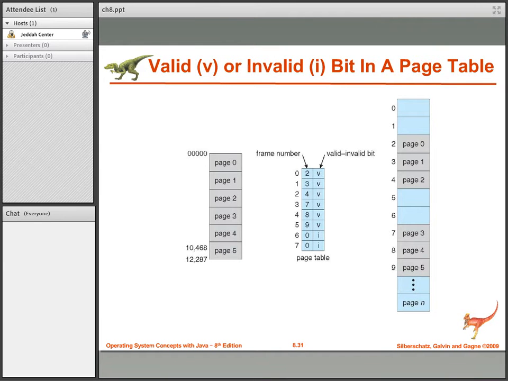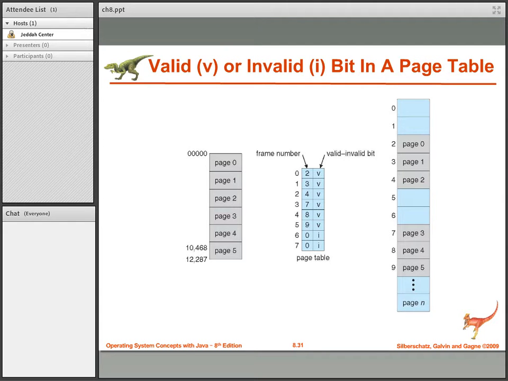Here you have on the left the page list, page 0, 1 up to 5 in this example. Then on the right you have the mapped physical address. So you have the frames containing each page.